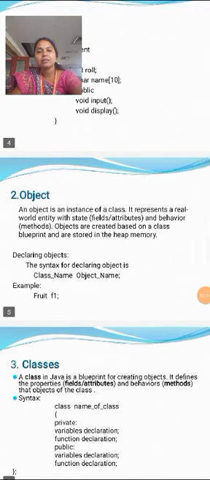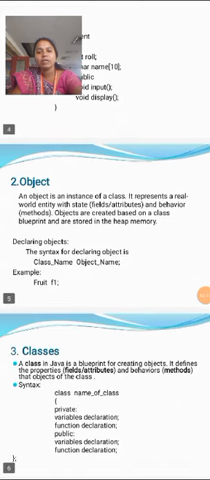Third one, class. A class in Java is a blueprint for creating objects. It defines the properties, fields or attributes, and the behavior, methods, of the objects of a class.